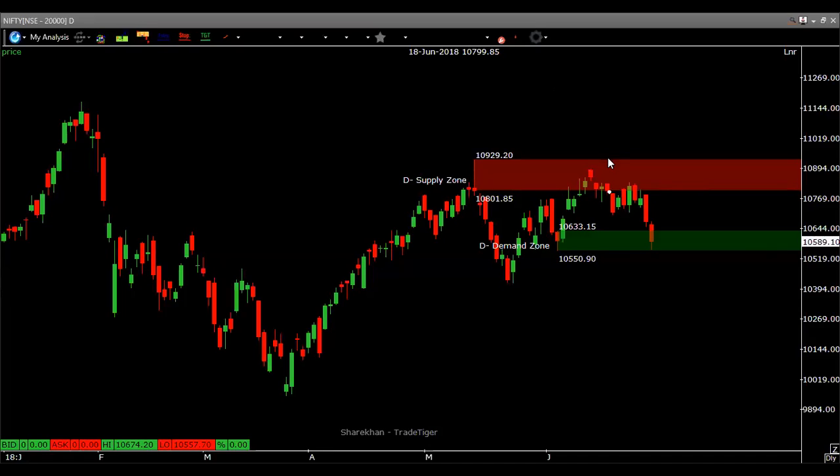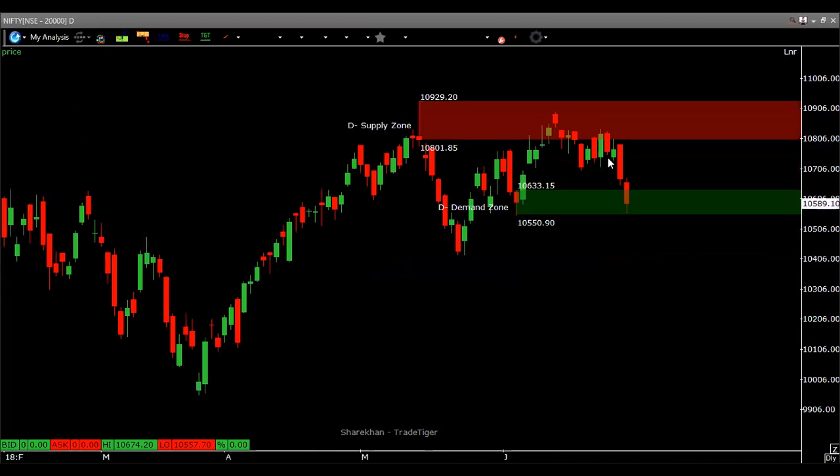Let us now look at the chart of the Nifty. We've been looking at this supply zone for the last couple of weeks, and I've always mentioned that this supply zone should cause the price to drop.